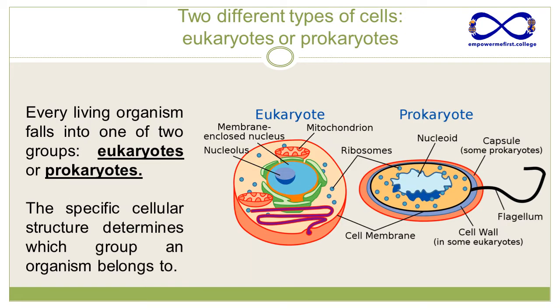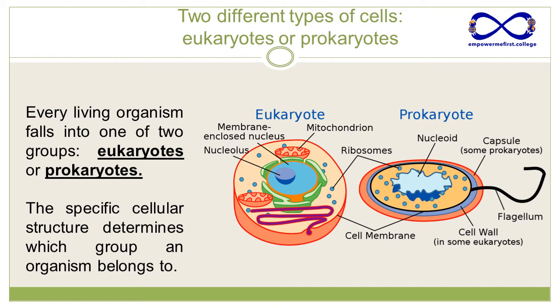And again, the same picture, just for you to have in mind that there is a huge difference between these two kinds of cells, and generally every living organism falls into two broad groups, eukaryotics or prokaryotics.